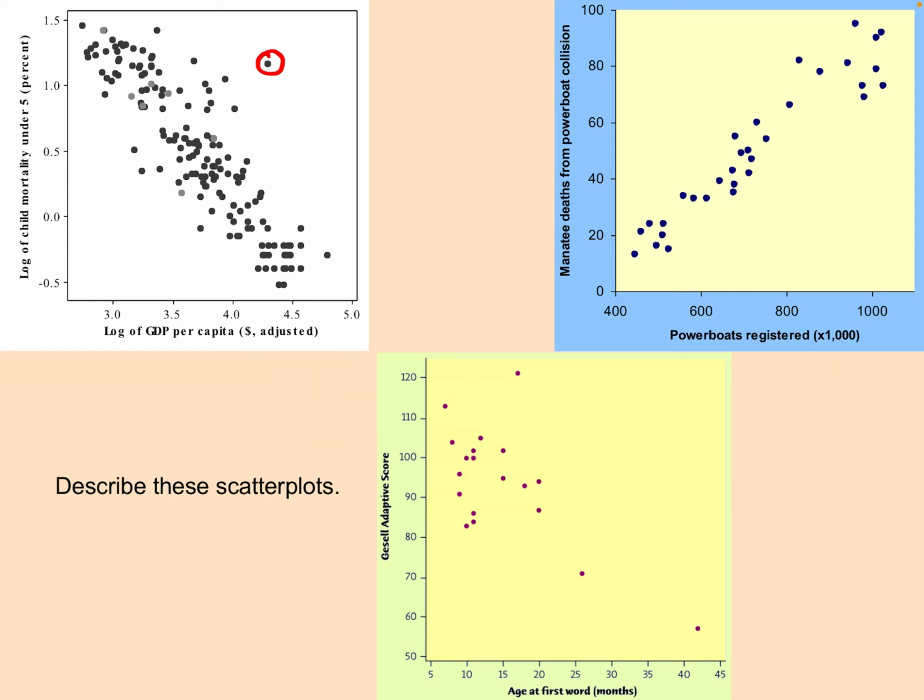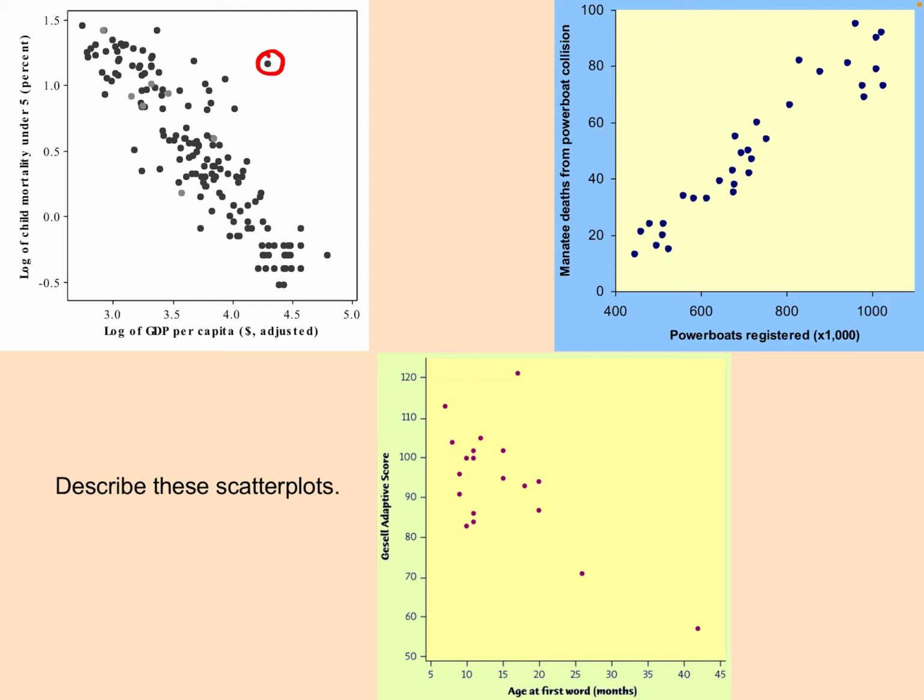Now, top right, we've already looked at this data set. This is PowerPoint registrations versus number of manatee deaths. This is a very strong positive relationship. As PowerPoint registrations go up, so do manatee deaths. So this is a positive relationship. It's very strong. You can see the data points fit very close to that imaginary line of best fit. And there's no obvious outlier here. All right, bottom.